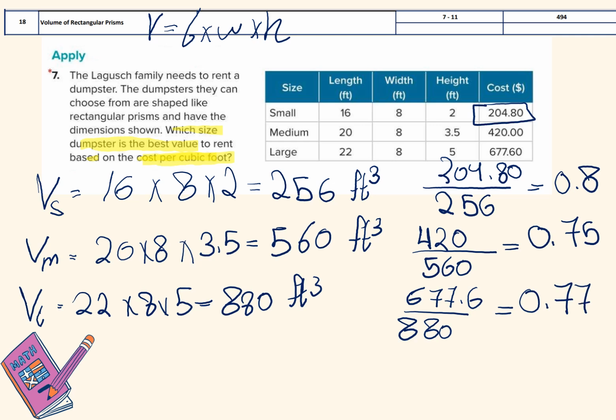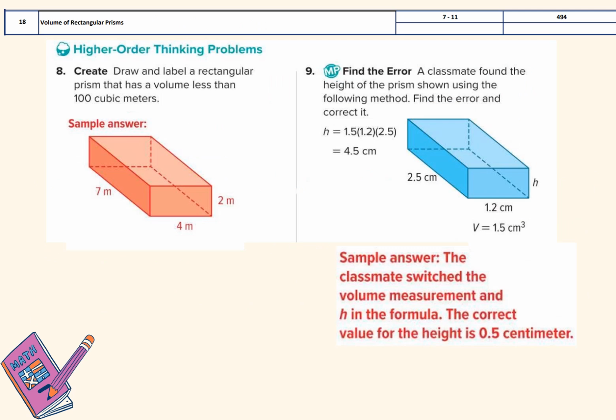So now I need to decide which ratio is the smallest. That means which ratio gives the best value. So clearly that ratio is 0.75.